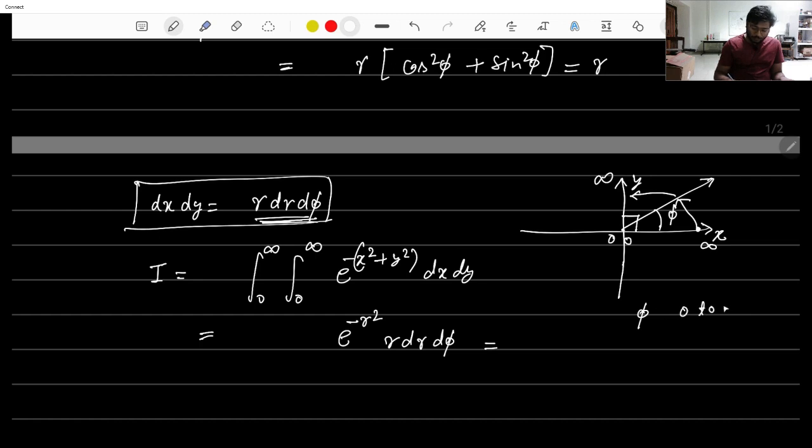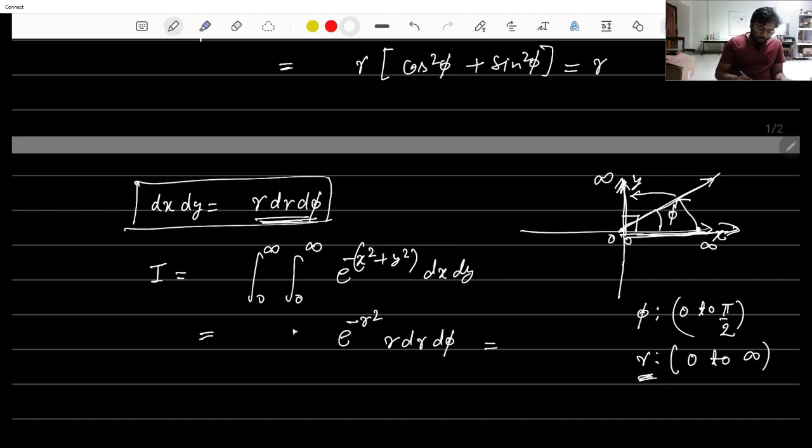The limit of phi varies from 0 to pi by 2, and r varies from 0 to infinity, because x is varying from 0 to infinity, there is no upper limit on x, there is no upper limit on y, you can go up to infinity, that is why r also goes up to infinity.